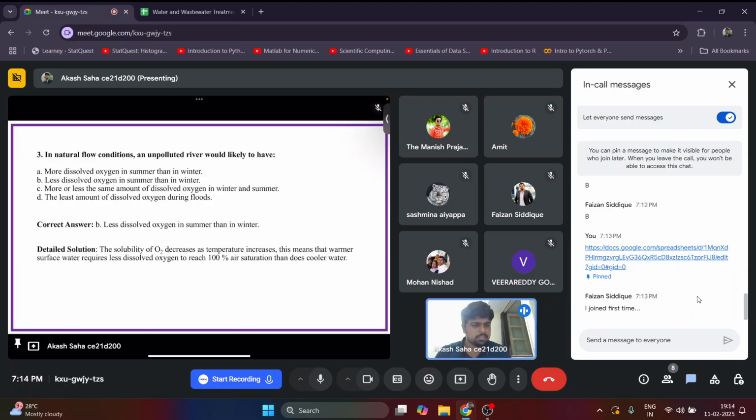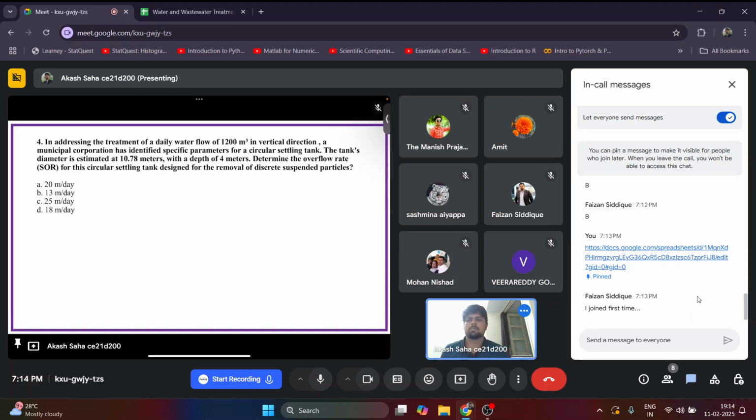Now we'll go to the next question. It's a small numerical. It says that in addressing the treatment of a daily water flow of 1200 meter cube, a municipal corporation has identified specific parameters for a circular settling tank. The tank's diameter is estimated at 10.78 meters and the depth of 4 meters.